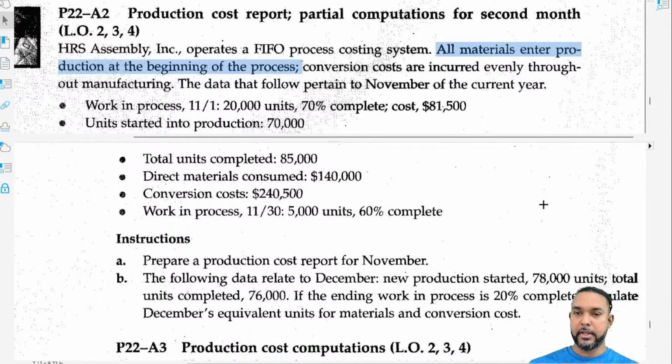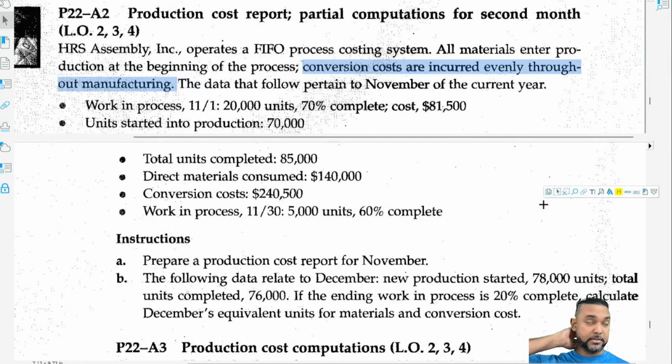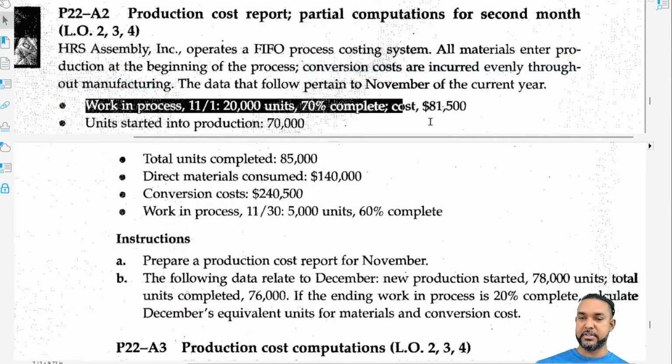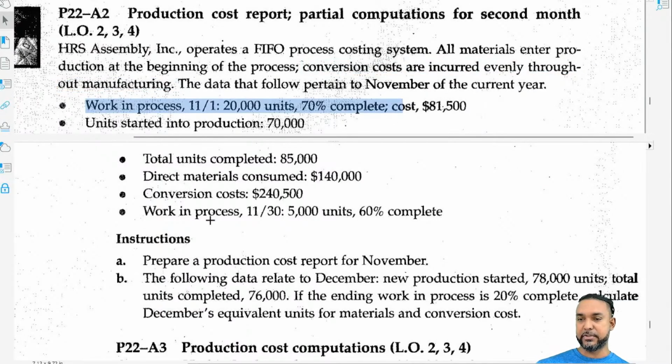Okay, next we have, conversion costs are incurred evenly throughout manufacturing. What that means is that as you go on through manufacturing, you incur the conversion costs, direct labor and overhead, evenly or uniformly. And the following data pertain to November. Work in process at the start of November, so 11/1 is the start of November, 70% complete, and the cost is 81.5.